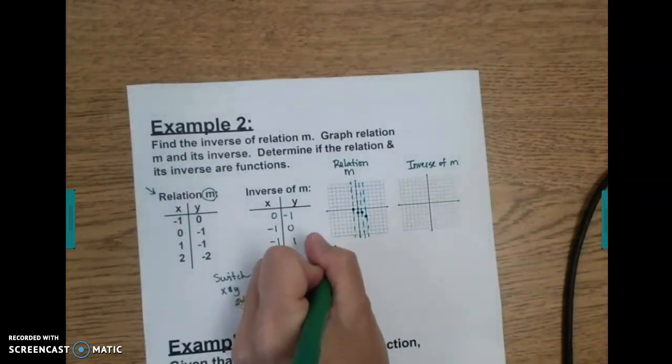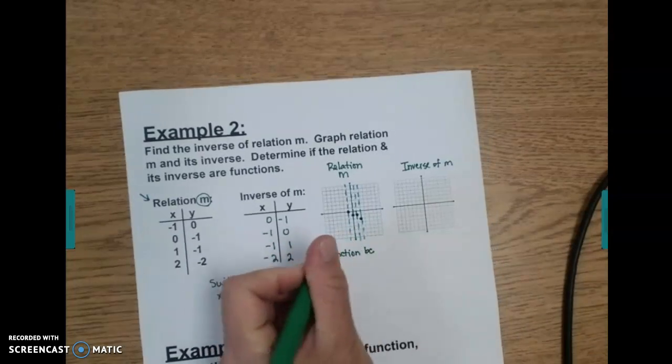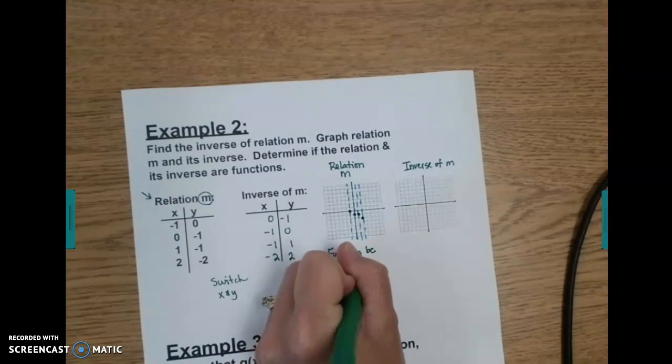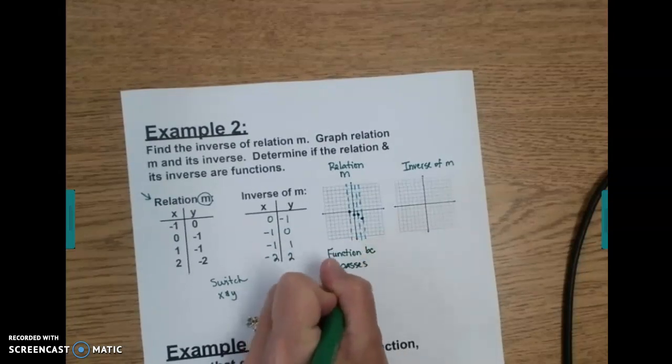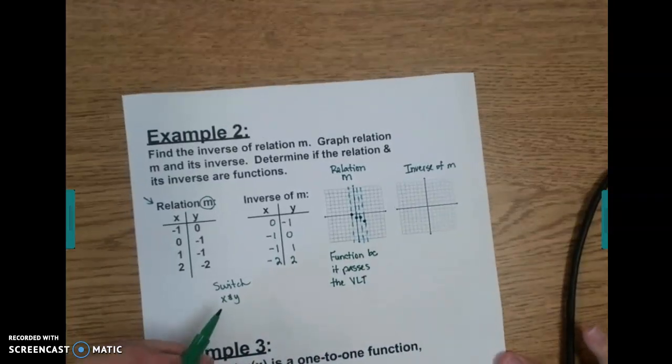So this is a function because it passes the vertical line test. I'm going to put VLT for vertical line test. Now let's graph its inverse.